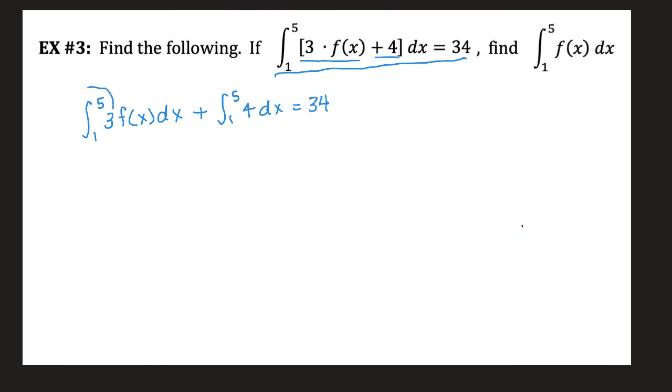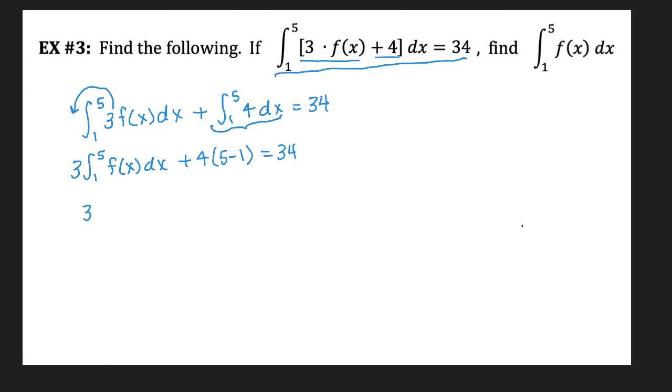So now I'm going to move out the 3 times the integral from 1 to 5 of f of x dx plus, and this is one of those properties, again, you have a constant value there, so it's just going to be the number times the difference in the upper and lower bound, equals 34.